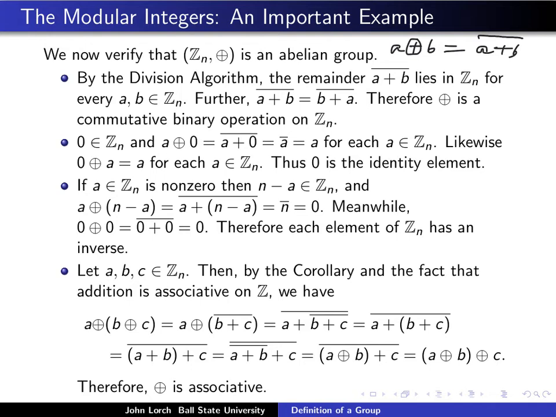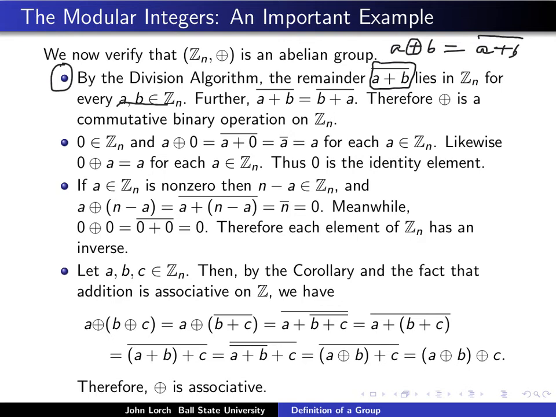So the first thing we're going to do in this step is check that the operation is binary, right? Well, if I take two elements, a and b, in Zn, and then I add them together and take their remainder upon division by n, I again get a number that's 0, 1, 2, up through n minus 1.